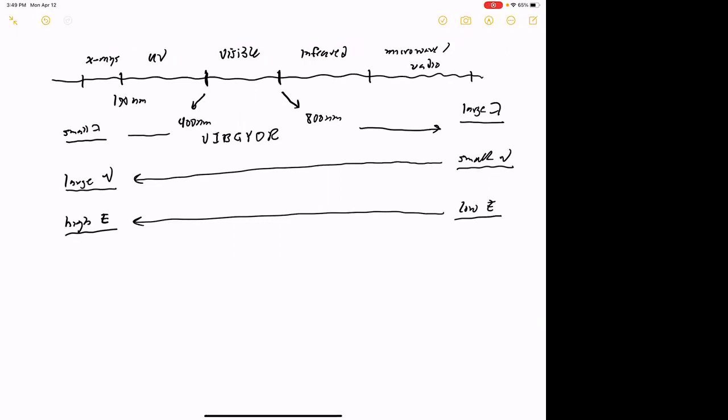It promotes an electron to a discrete higher energy level. Yeah, that's exactly right. So if we absorb UV or visible light, what we're really doing is we're promoting electrons to a higher energy level.